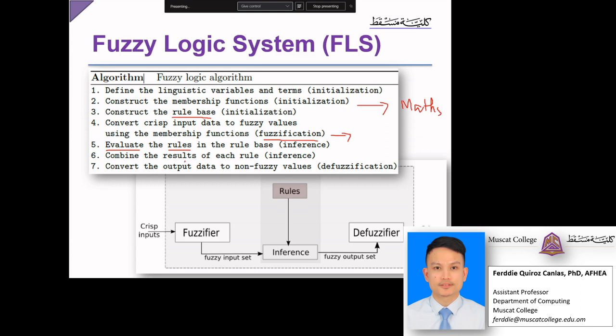From the rules, you will combine the results of each rule and then provide an inference or conclusion or decision. Then after this, convert the output data to non-fuzzy values, and we call this process defuzzification. So we have 7 steps to follow for fuzzy logic, and we will be doing that one by one in this example.